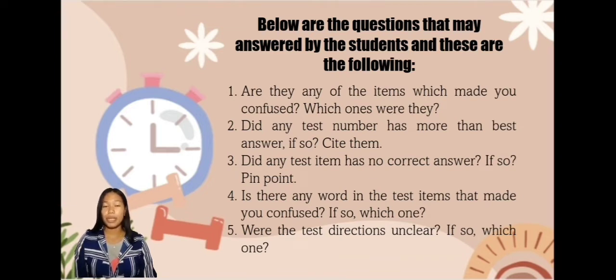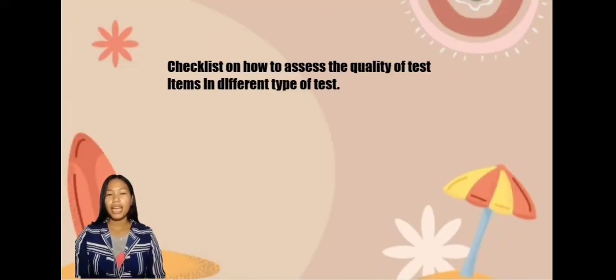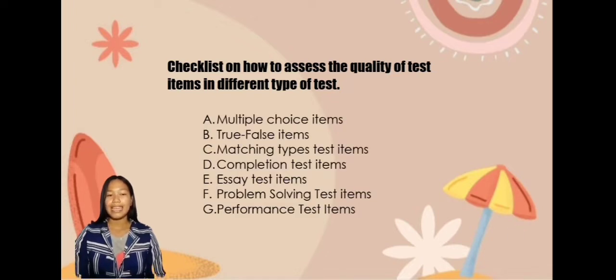If so, pinpoint. Number 4, is there any word in the test items that made you confused? If so, which one? And lastly, number 5, were the test directions unclear? If so, which one?